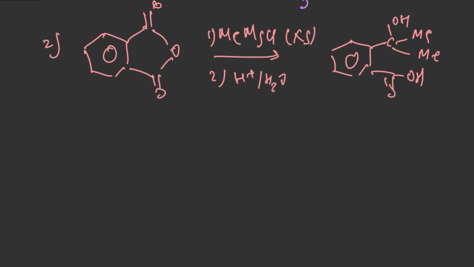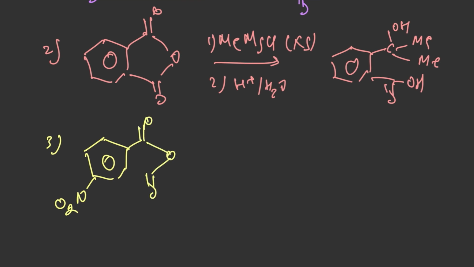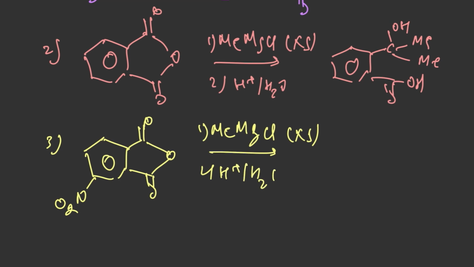Now let's talk about the third reaction. In the third reaction we have a nitro group attached. So we still have MeMgCl, which is in excess. Second H plus H2O. So MeMgCl will attack which side? Just opposite to NO2, or the meta position to NO2?